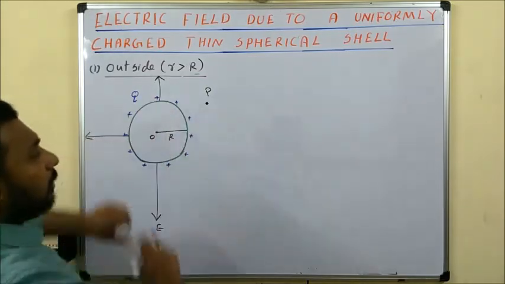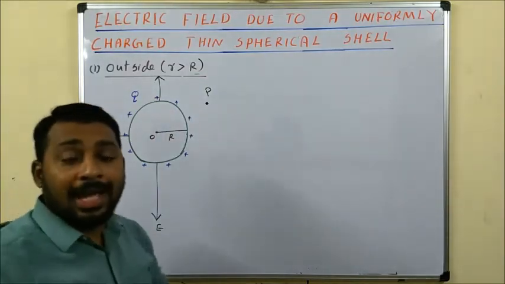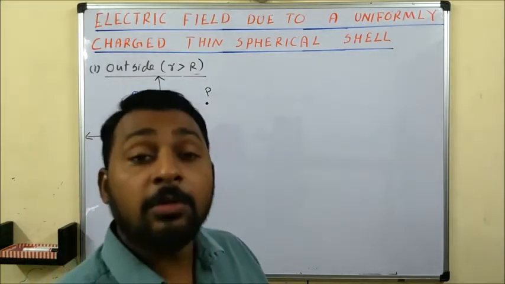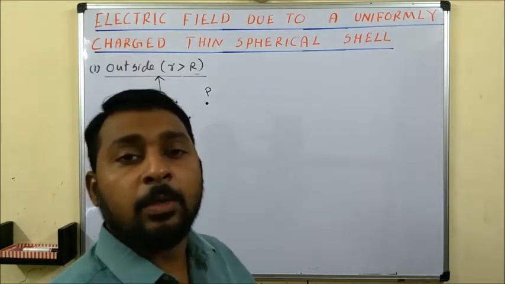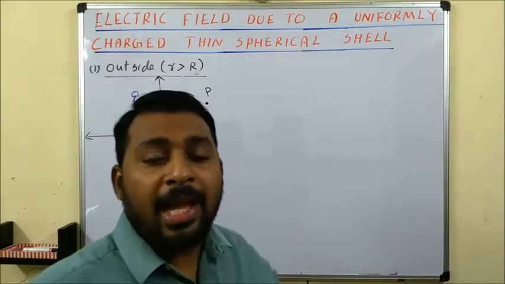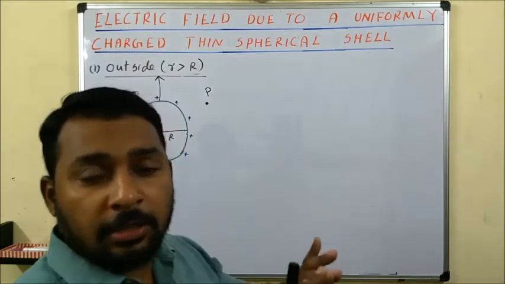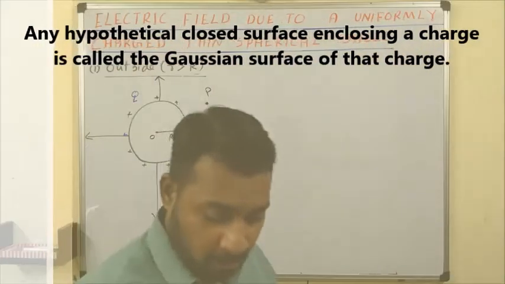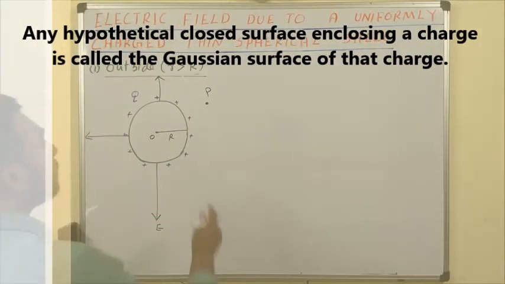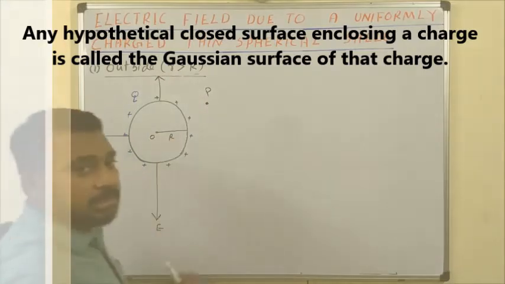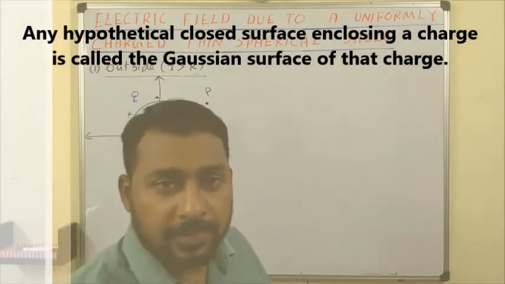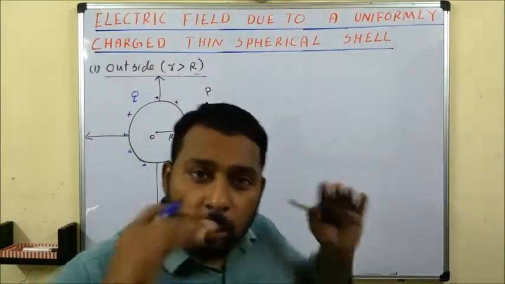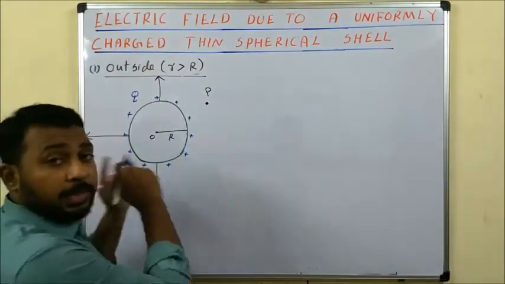I need to find the electric field at this point P, and we are going to use Gauss's theorem. To use Gauss's theorem, we have to imagine a hypothetical closed surface called a Gaussian surface. Let us consider a spherical Gaussian surface outside, which entirely encloses the spherical shell.